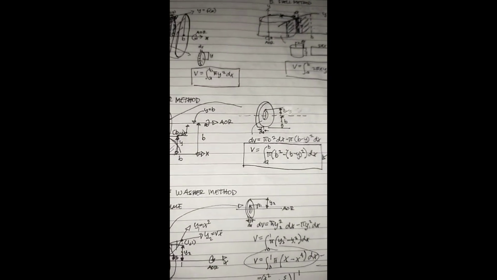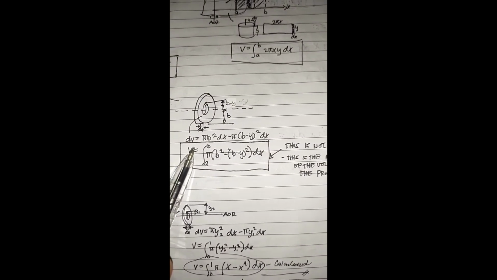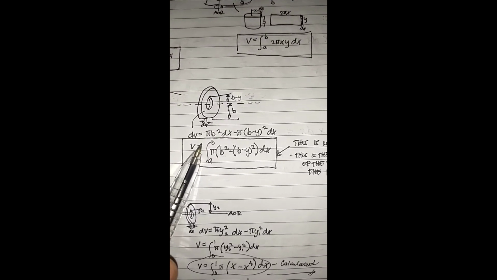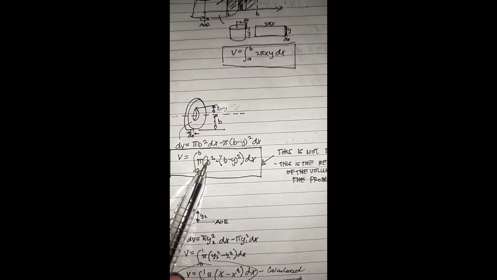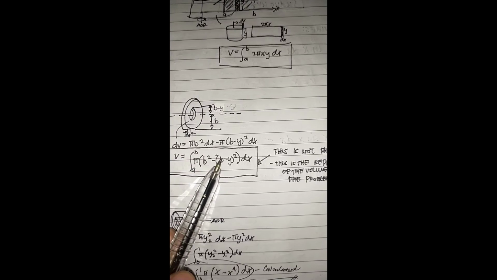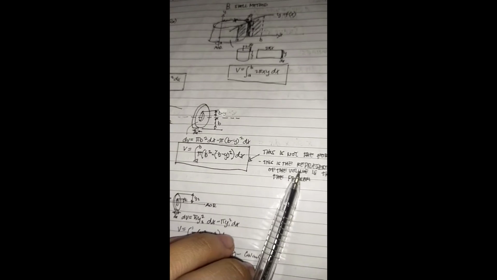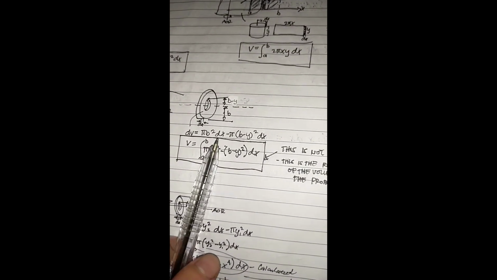So the formula for the washer method is this: v is equals to the integral from a to b pi b squared minus b minus y squared dx. So this is not the real formula for the washer method, because this is the representation of the volume from this problem.